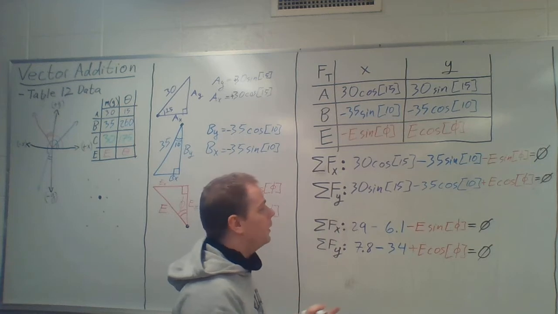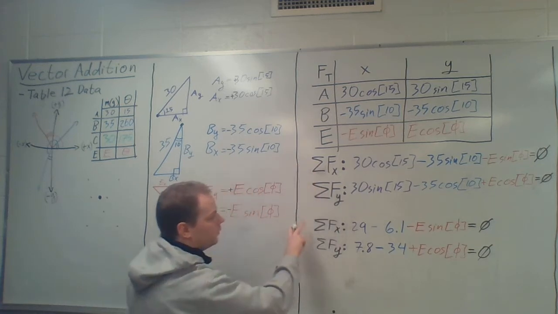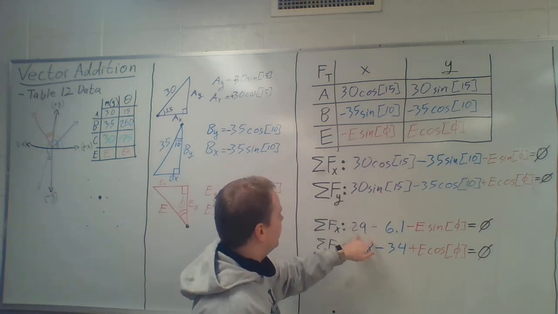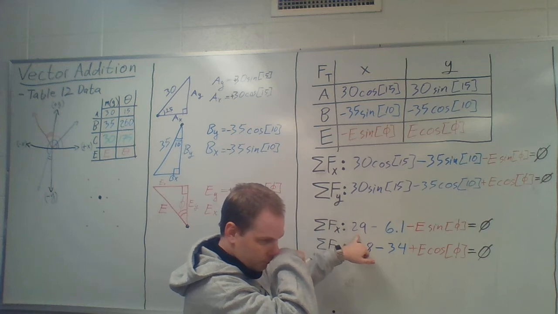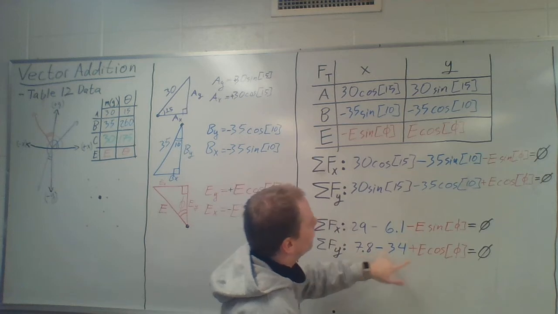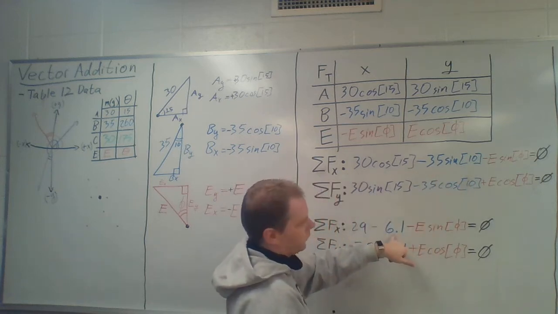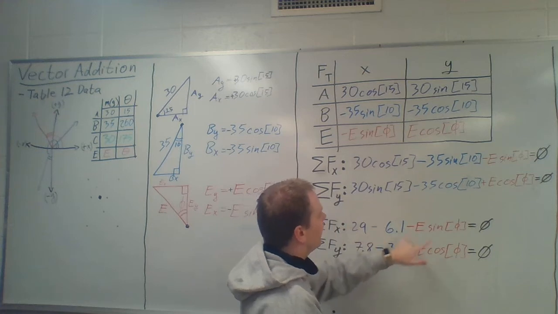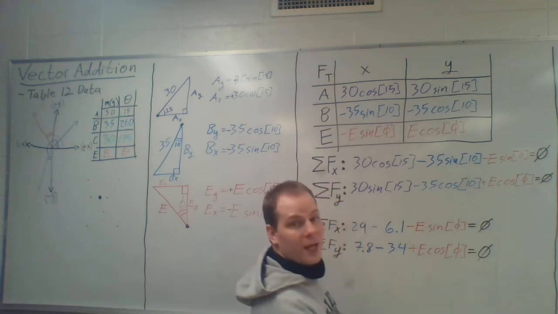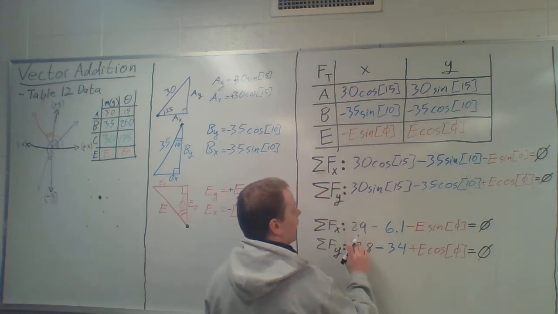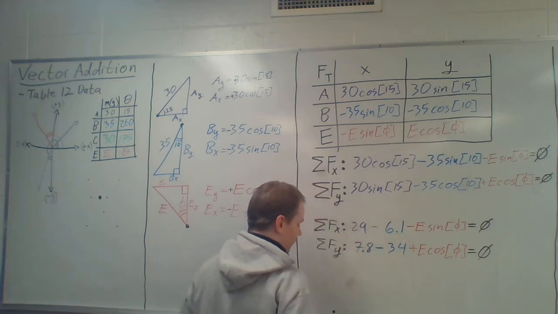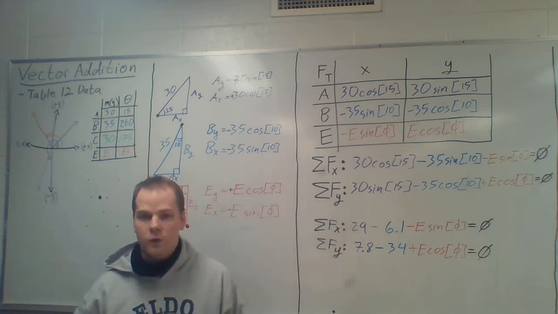Okay, so what I have done to go from these two equations to these two equations is I have solved this and gotten 29. This and gotten 7.8. This came out to 6.1, or rather negative 6.1. And this came out to negative 34. And if you wanted to simplify it down more, you could subtract these numbers to get just one number, which I'm going to do real quick.